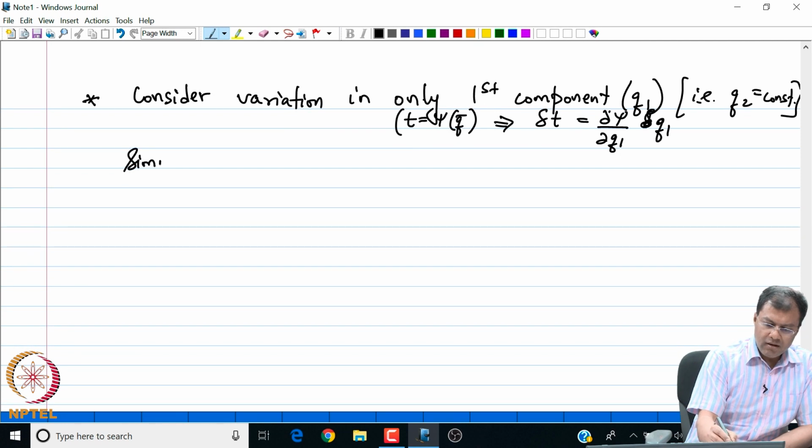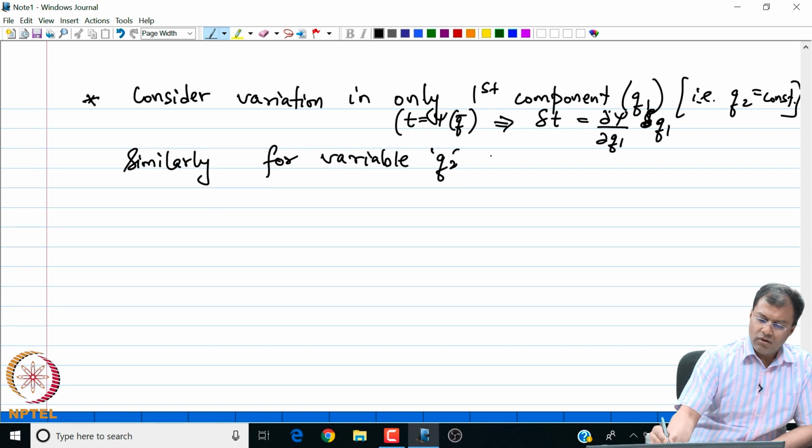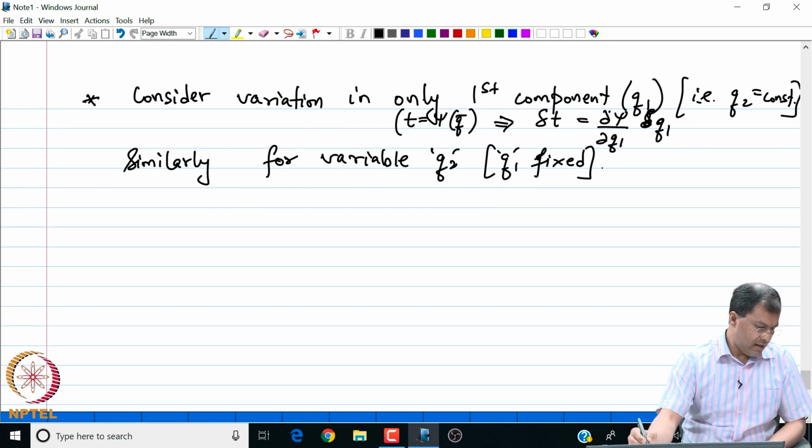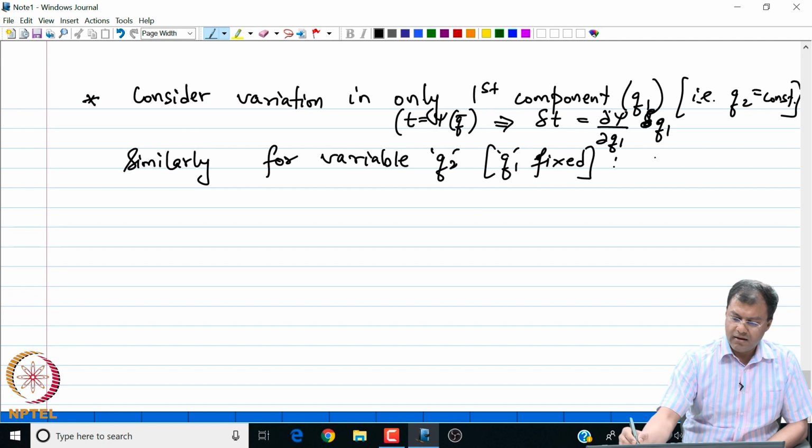Similarly, for the other component q2 with q1 fixed, I can derive a similar relation between delta t and delta q2.